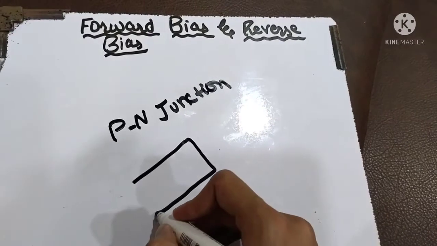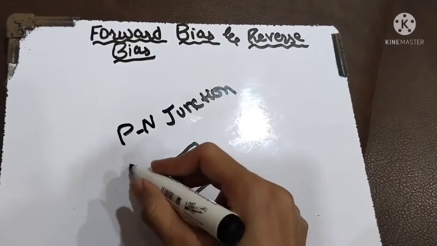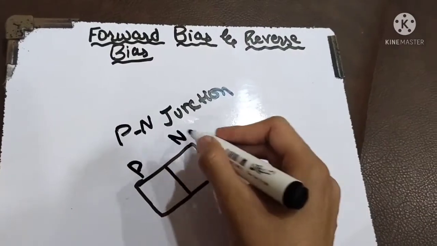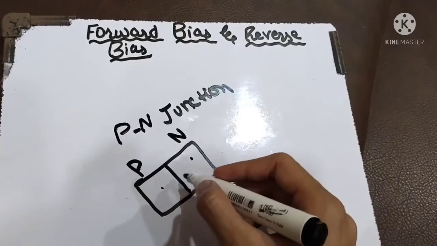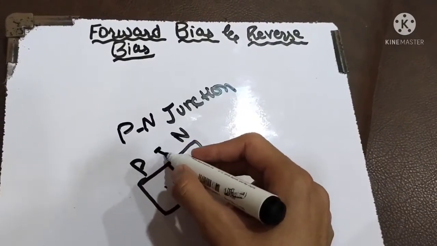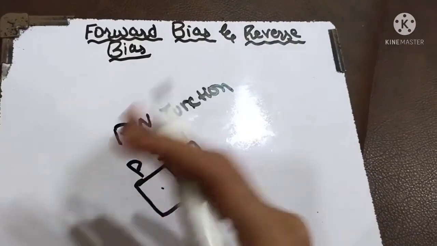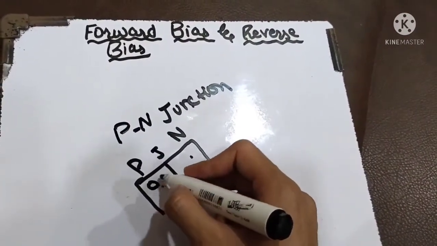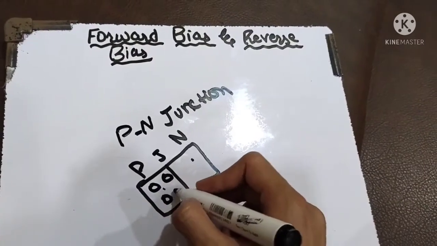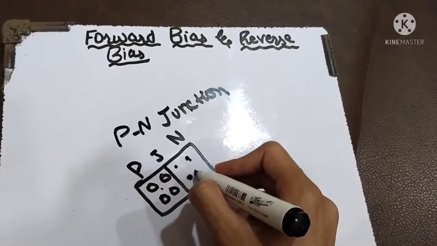Here there are p-type and n-type substances. Suppose this is a p-type substance and this is an n-type substance, in contact with each other. There will be a junction or a barrier which will oppose them. Their majority charges are holes here, and here the majority charges are electrons.